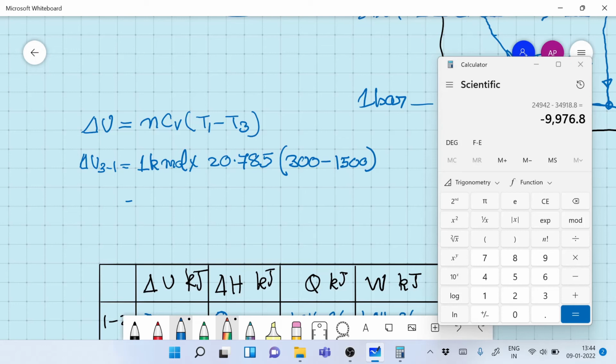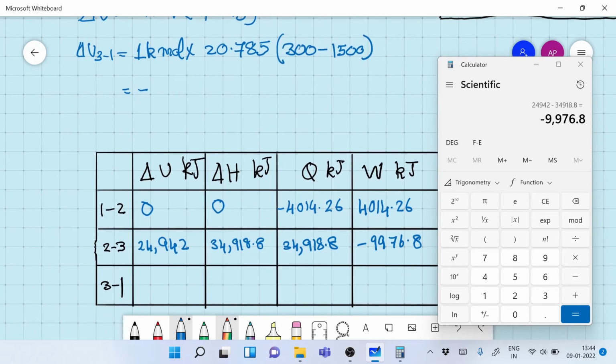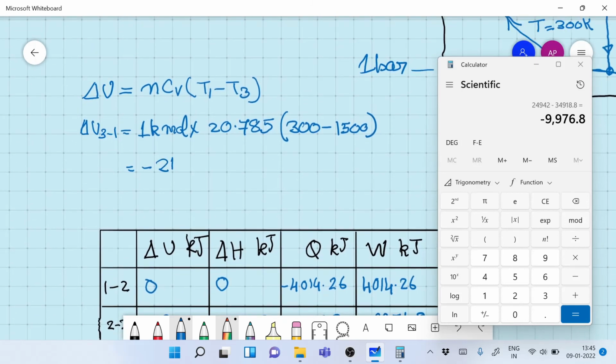Now this will be exactly the opposite value of the one we got in the previous process, that is minus 24,942 kilojoules.